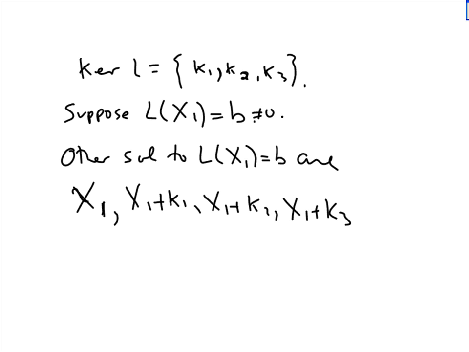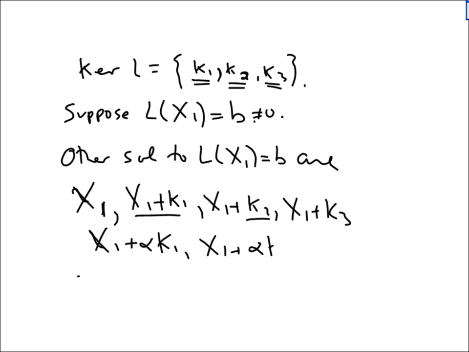And for a fraction of a second, I was going to say, and that's all of them. But of course not, because the kernel is a subspace. That is, multiples of each of these are also in the kernel. That is, I can also have x1 plus any number times k1, x1 plus any multiple of k2, and x1 plus any multiple of k3.